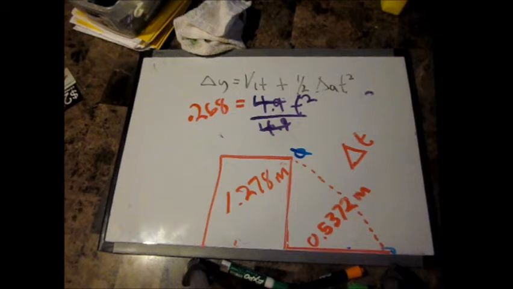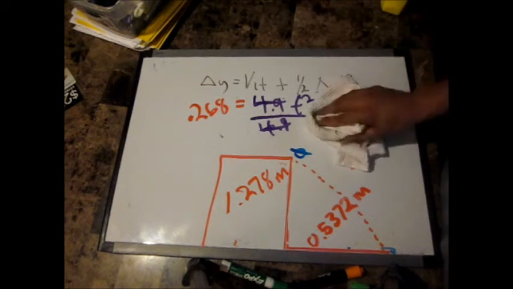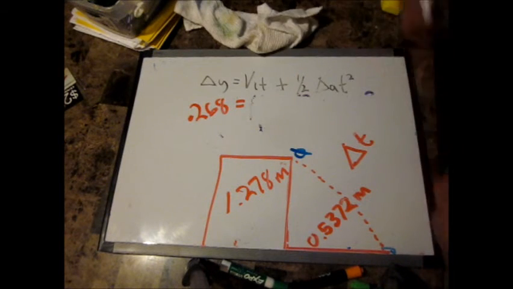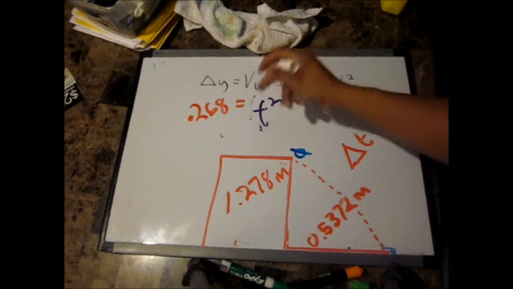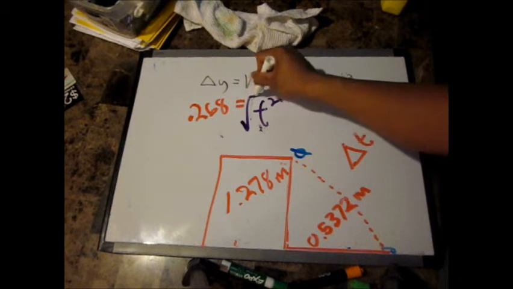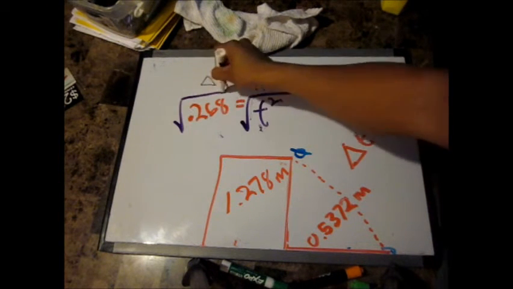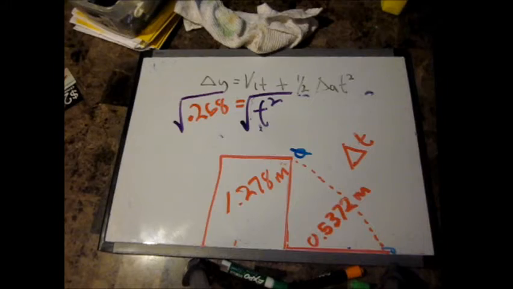0.268 equals t squared. Now, to isolate t one more time, to just get t, we put that underneath the square root.